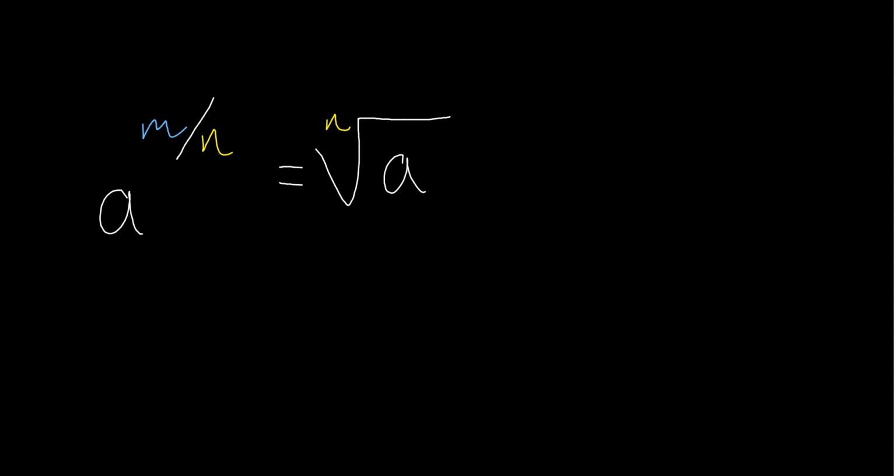We'll make this whole page: a to the m over n is equal to the nth root of a raised to the m power, or, well, let's bring that down just a tad.